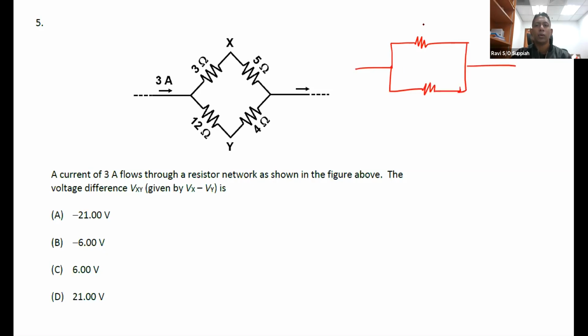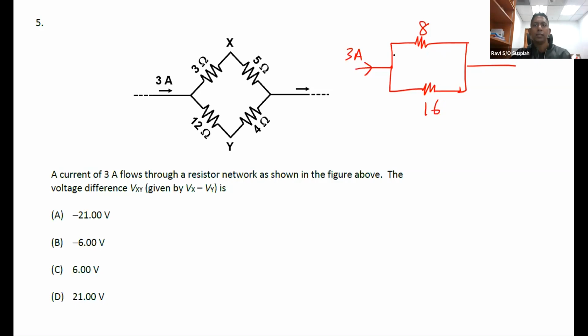So this is 8 ohm and this is 16 ohm. So 3 ampere coming in here. When you only have 2 branches, you can straight away apply the current divider rule. In the previous paper, we had 3 branches. For 3 branches, you cannot directly apply the current divider rule; you still need to combine and then find the voltage and so on. For only 2 branches, it's easier because you can straight away apply the current divider rule.